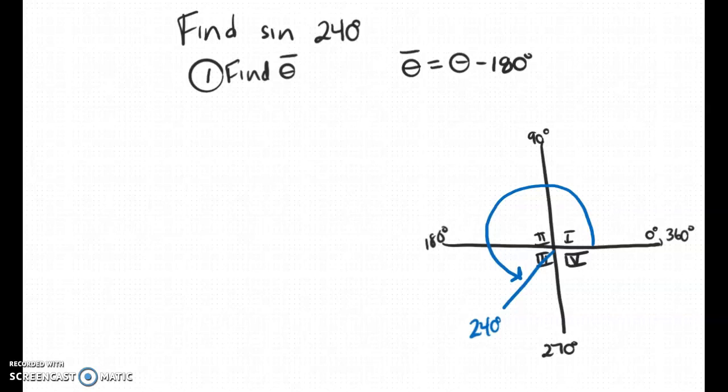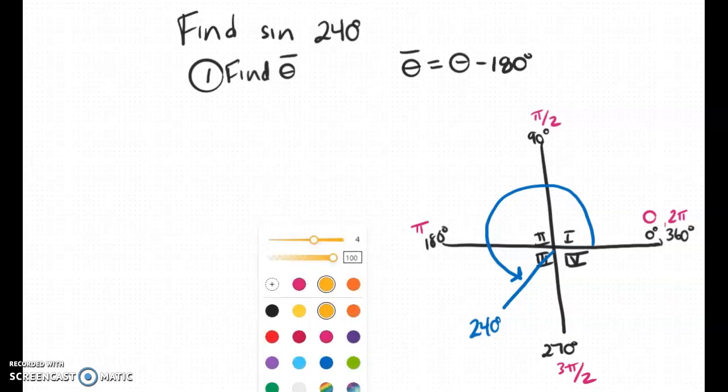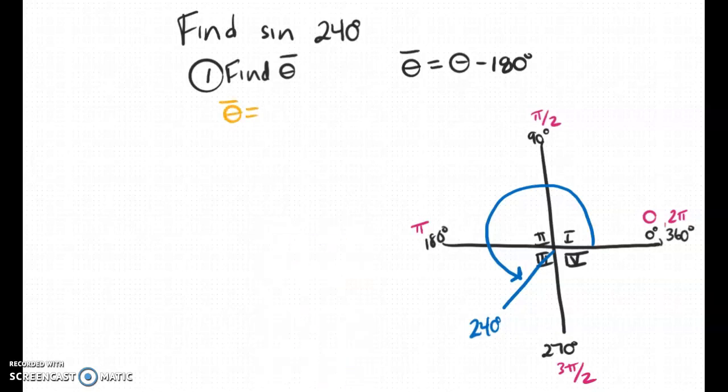Just to put this on the board, if you're talking about radian measures, this is 0, this is pi over 2, this is pi, and this is 3 pi over 2. And then when you get back to 360, it's 2 pi. So, finding the reference angle for this problem means I take the angle of 240 degrees, subtract 180 degrees, and my reference angle is equal to 60 degrees.